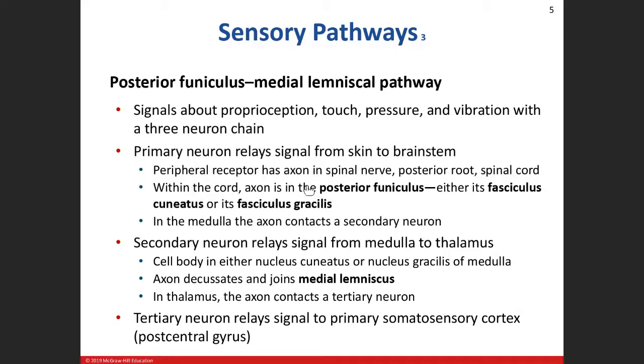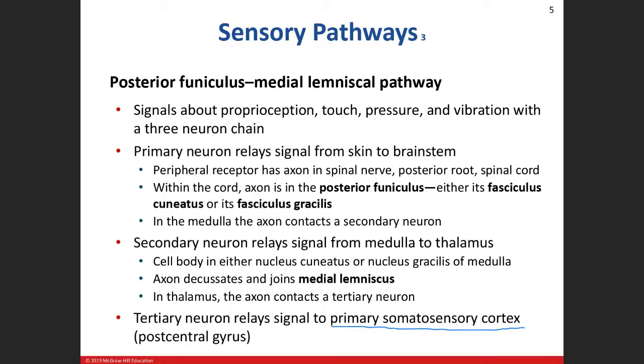Now at the tertiary neuron, it's only got one place to go: the primary somatosensory cortex, which is in the parietal lobe. That's an easy one. The other ones are a little more complicated. So that tertiary neuron, that third neuron, is going to head to our primary somatosensory cortex. So you actually get a sense, you feel whatever the sensation is.